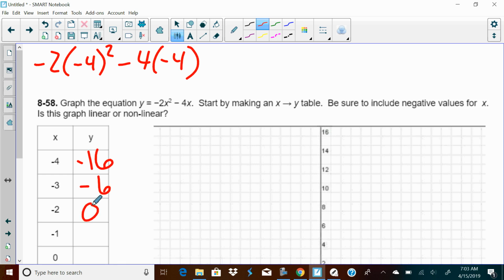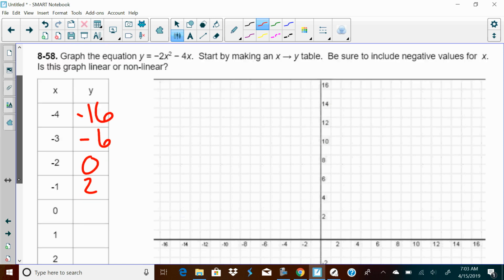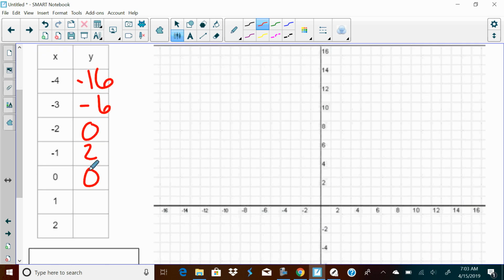It gives me 0. The other one gives me 2. Zero gives me 0. But I notice it's starting to repeat. So -6, -16. So when I go to graph it, -4 is -16.